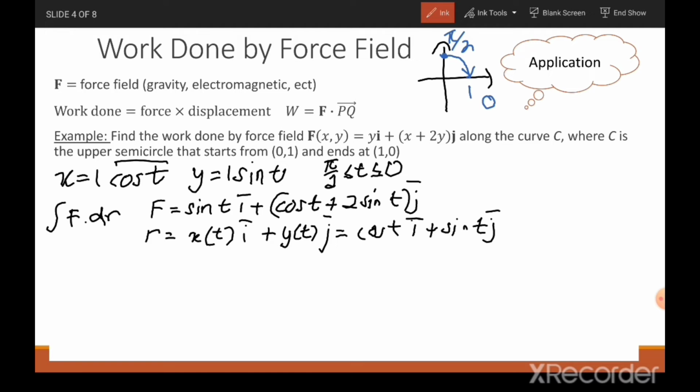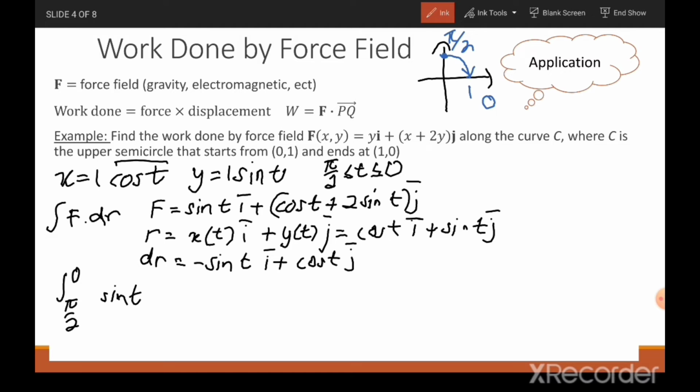Then you need to differentiate r to get the dr. So cos t, when you differentiate, you get negative sin t, and sin t differentiate, you get cos t. Then you can include in the formula. So F dot dr from pi over 2 until 0. So this is the value for the interval.